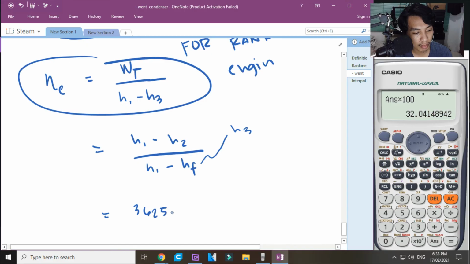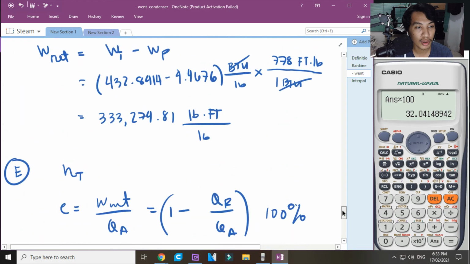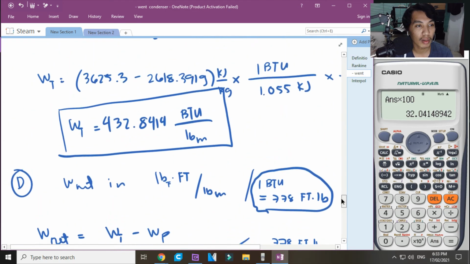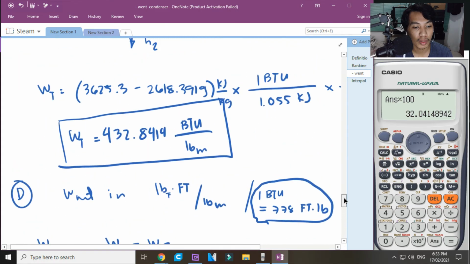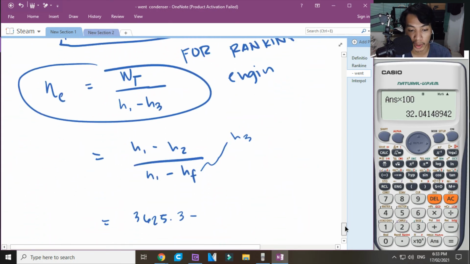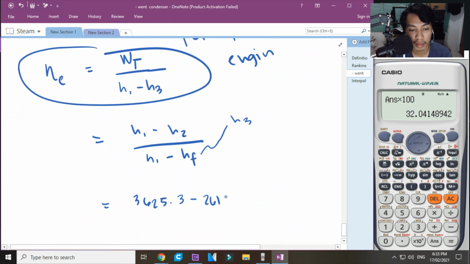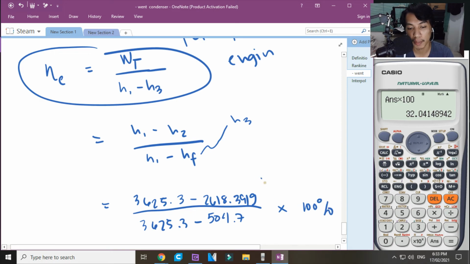H1, 3625.3 minus 2618.3919 over H1, 3625.3 minus, natatandaan ko pa, HF or H3 that is equal to 504.7. Multiply natin ng 100%. Non-unit na to kasi pare-pareho lang naman sila ng unit.